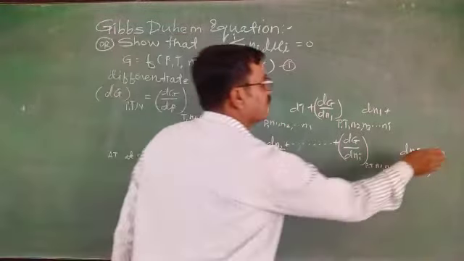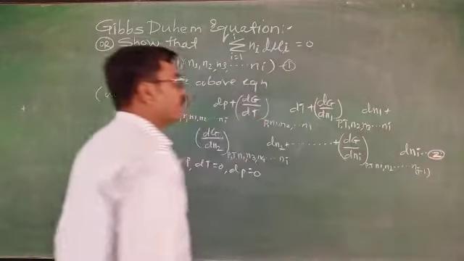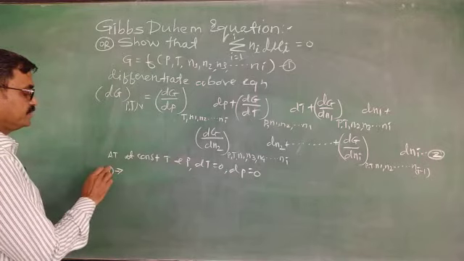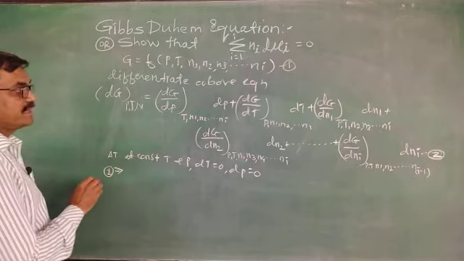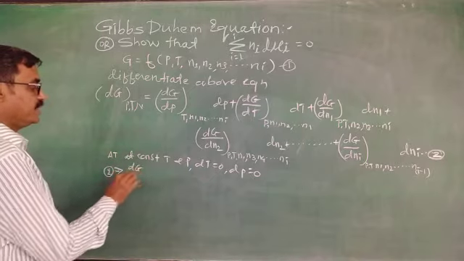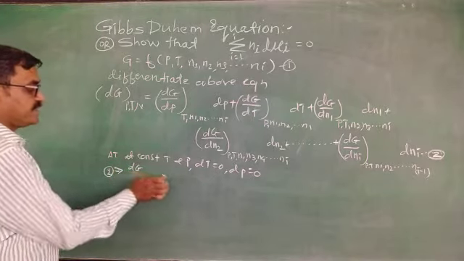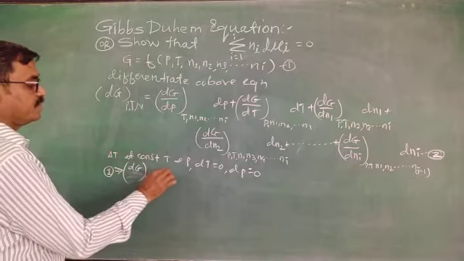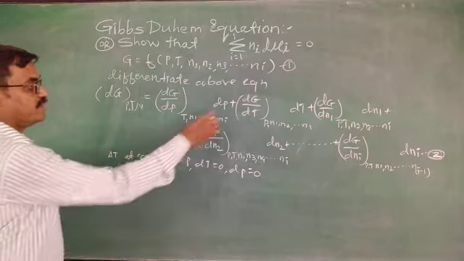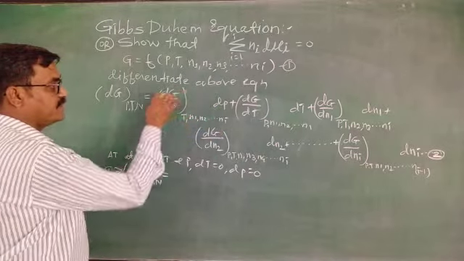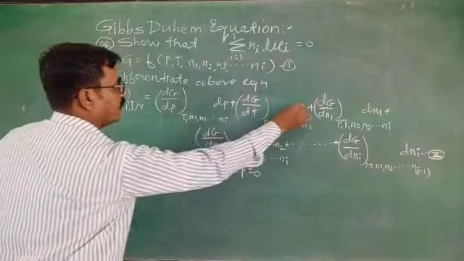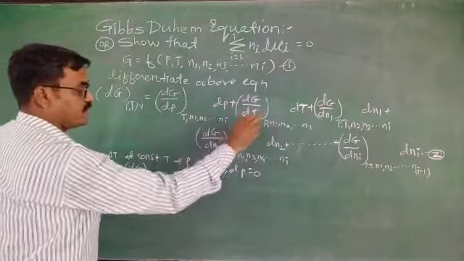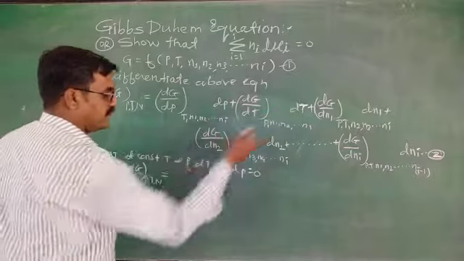Equation 2 implies dG remains as it is at constant pressure, temperature and number of moles of the constituents. dP is 0, so 0 multiplied by this term is 0; dT is 0, so 0 multiplied by this term is again 0; 0 plus 0 is again 0.